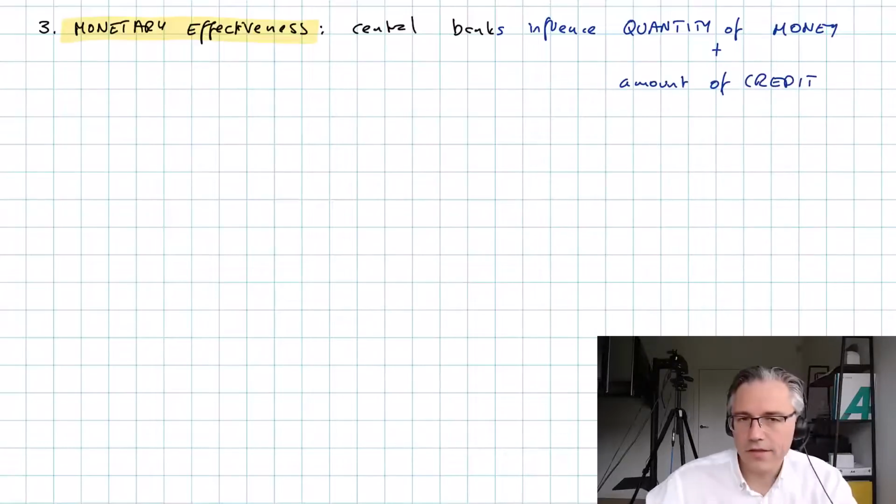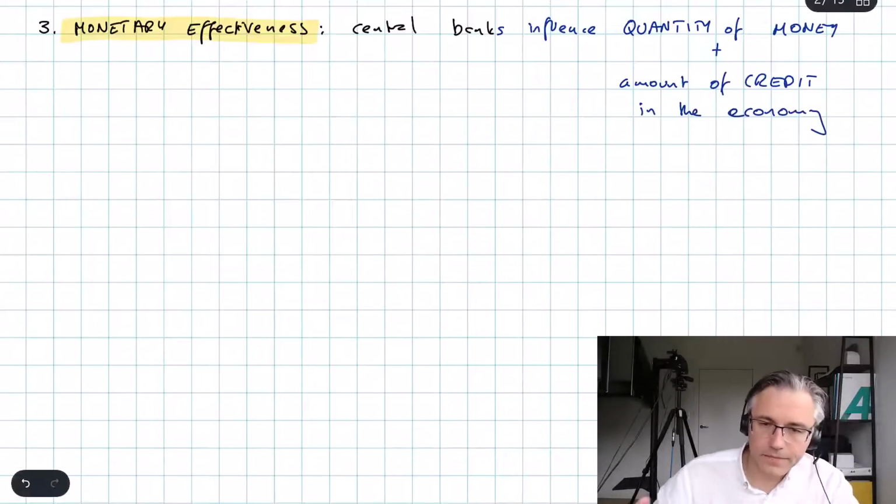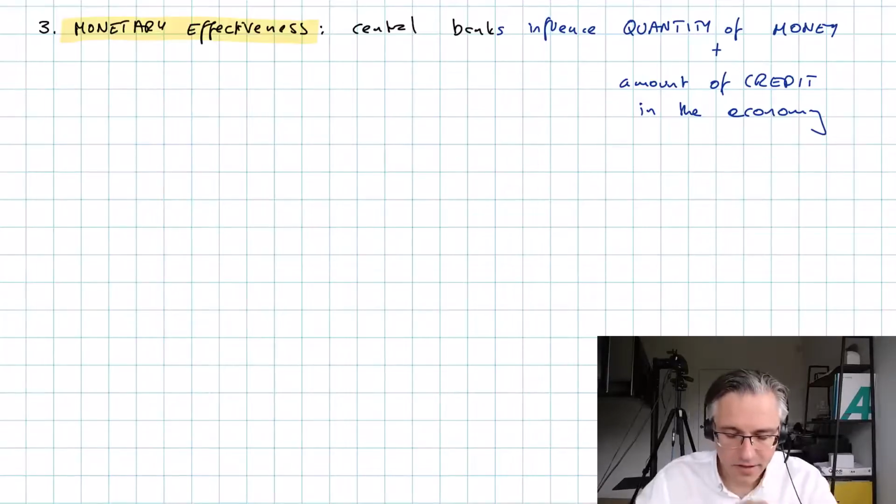The two are linked. And by virtue of doing this, they also try to stabilize inflation or inflation expectations.